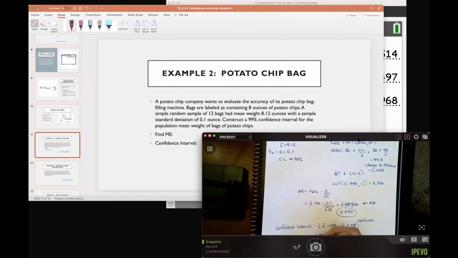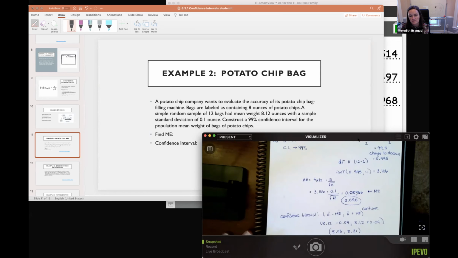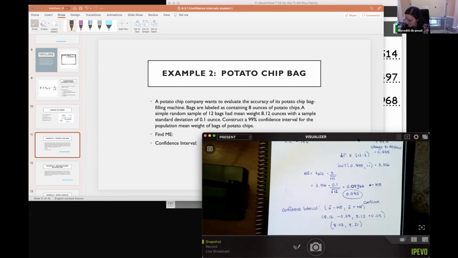Yeah. 8.12 minus 0.09, 8.12 plus 0.09. So we get 8.03 and 8.21 to be our confidence interval.